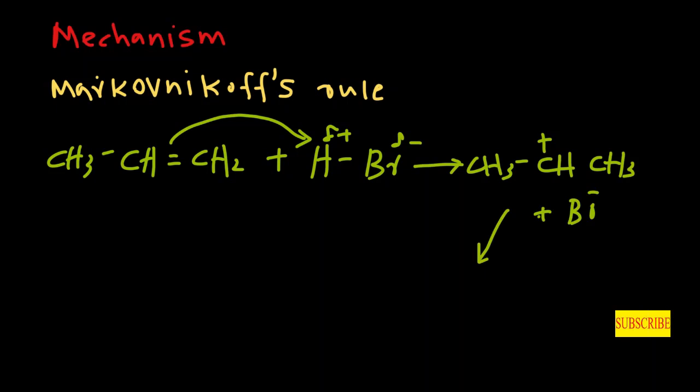Thereafter, this Br minus, that means bromide ion, attacks this carbon atom and forms this result. Basically, this reaction happens under Markovnikov's rule.